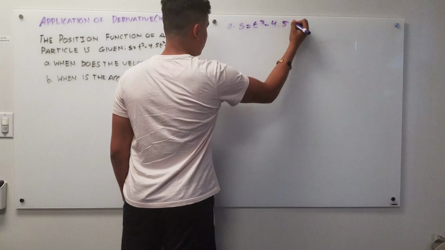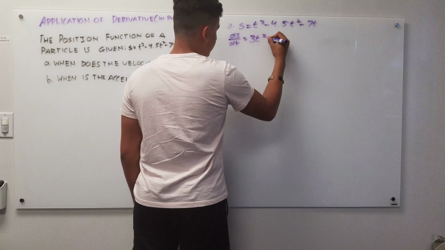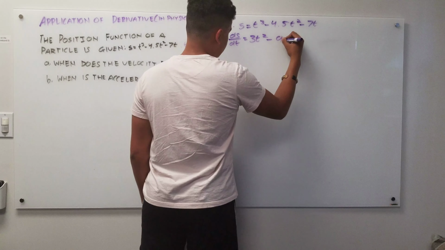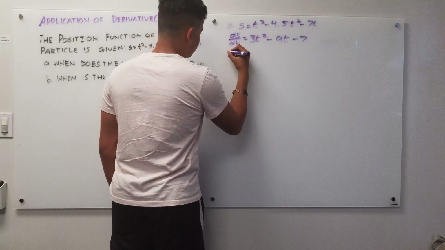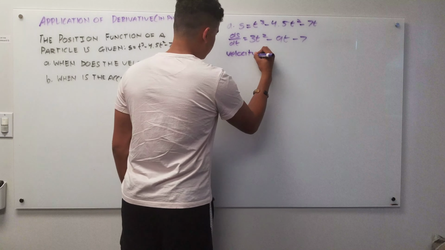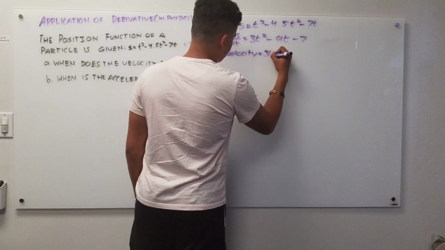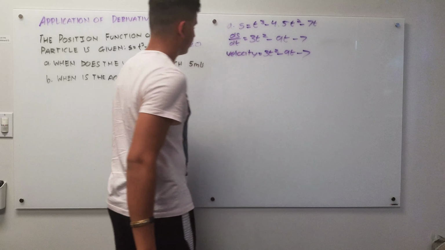We're going to take the derivative, so ds/dt is equal to 3t squared minus 9t minus 7. And we know this is change in distance over change in time, so we can write it as velocity is equal to 3t squared minus 9t minus 7.